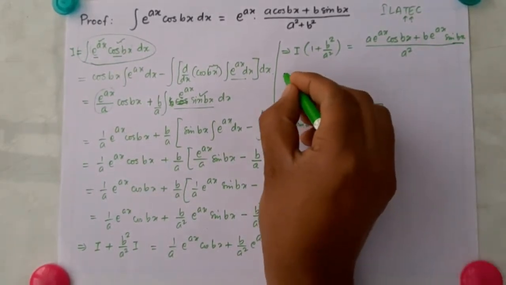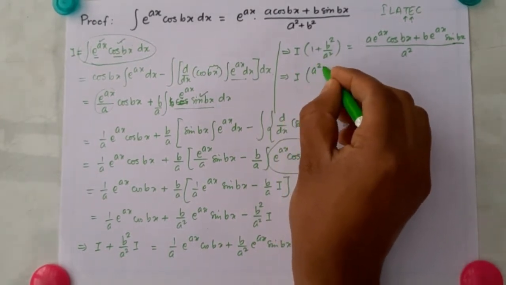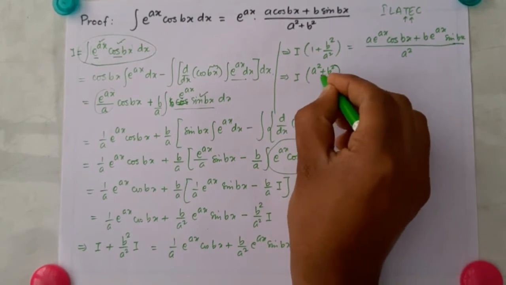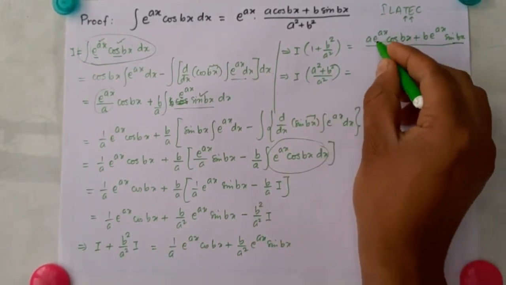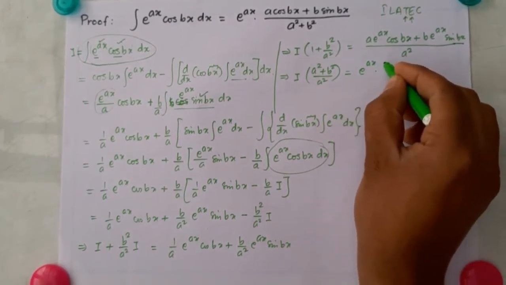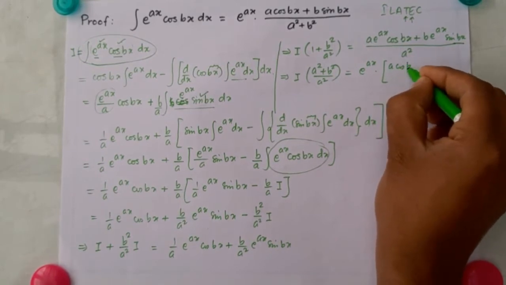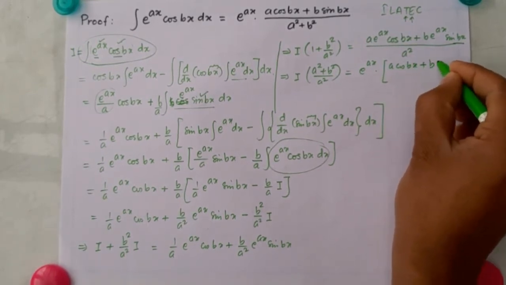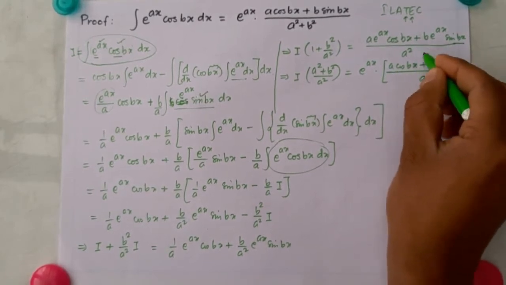Okay, so let's simplify here. Now this can be written as I into a square plus b square by a square, isn't it? Yes. So this is equal to, so here you see that e to the power ax is common. So if I do that, then we get here a cos bx plus b sine bx divided by a square, isn't it?